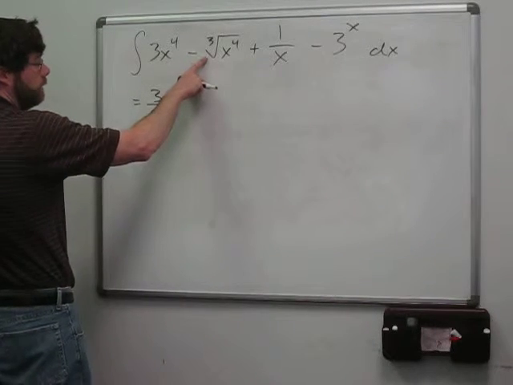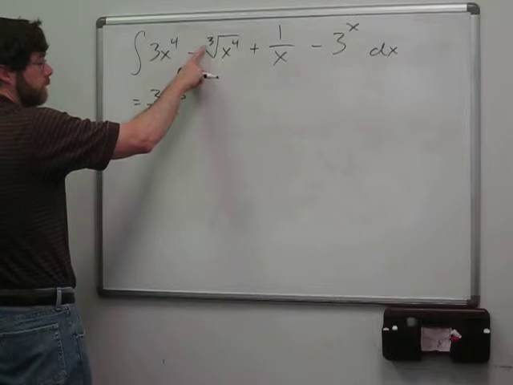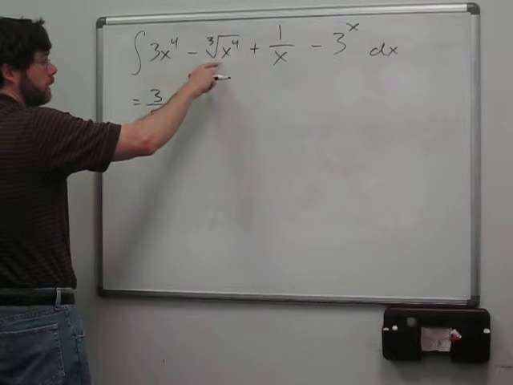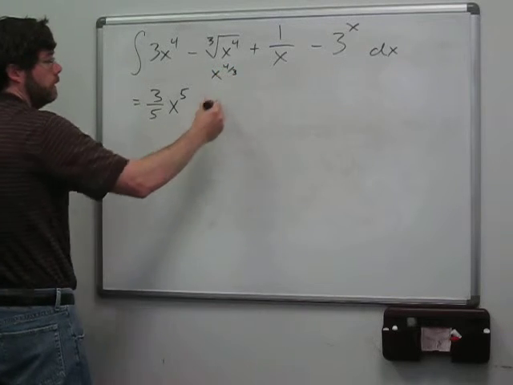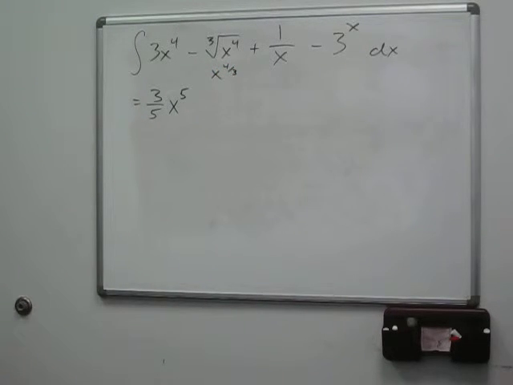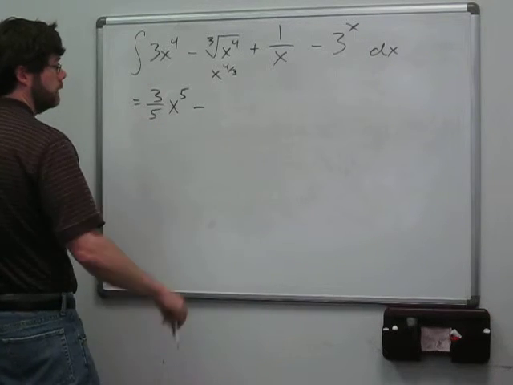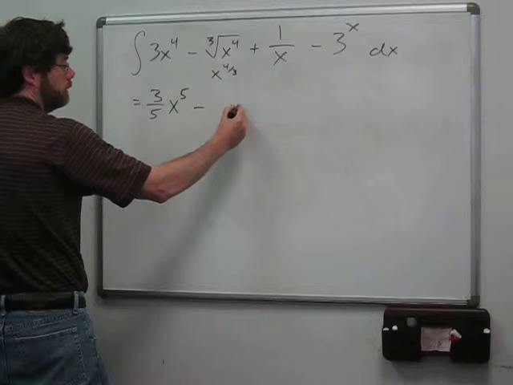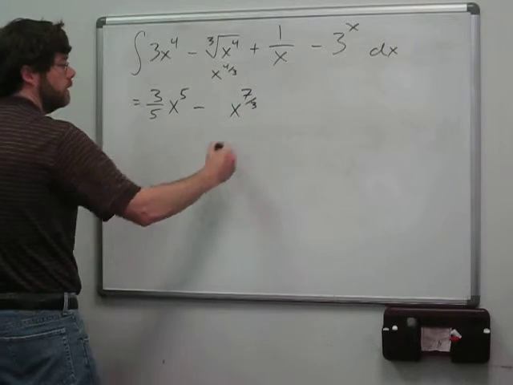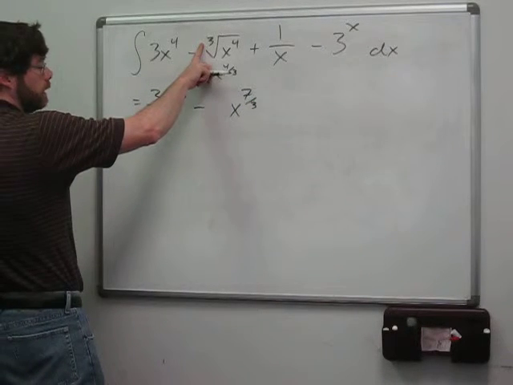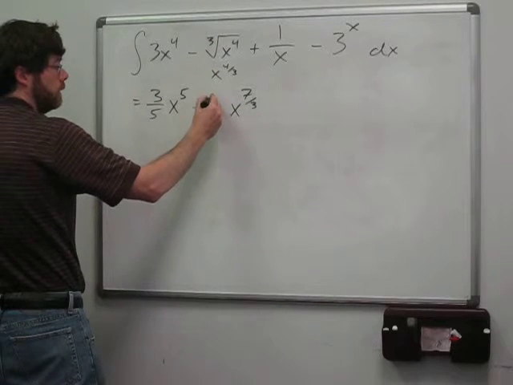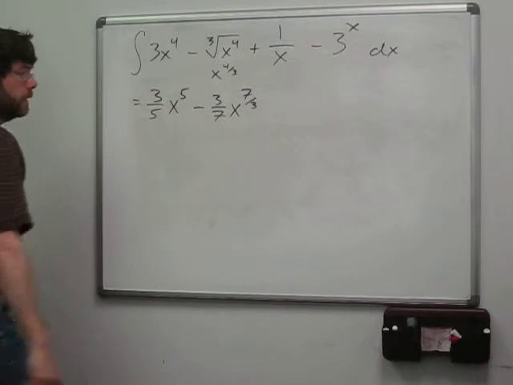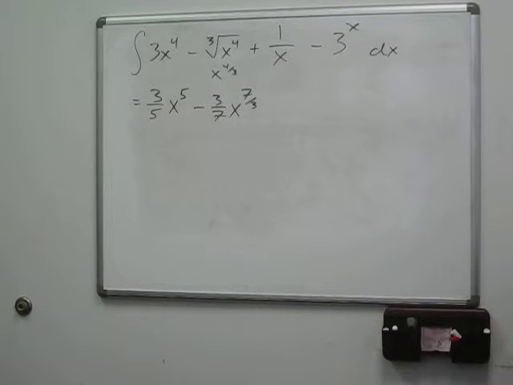To find the antiderivative of this guy involving a root, recall we want to think about the fractional power, in this case 4/3. So here I want to add 1 to the power, so that's x to the 7/3. Coefficient here is a -1, so I want to divide -1 by 7/3. So that's just a -3/7.